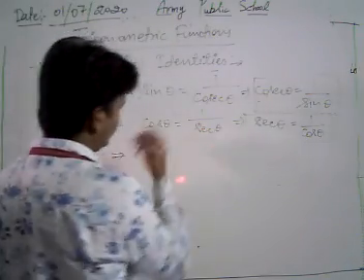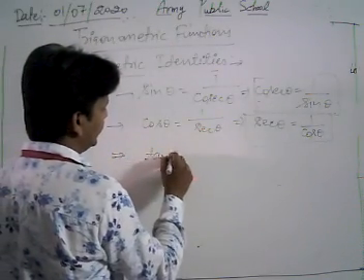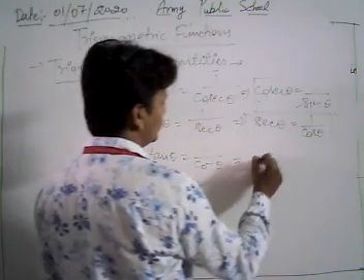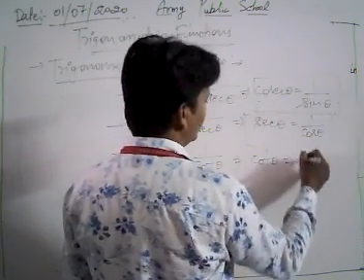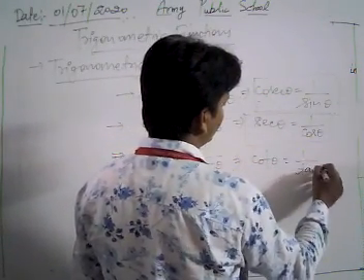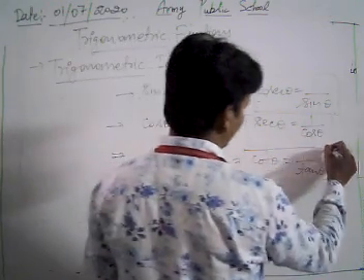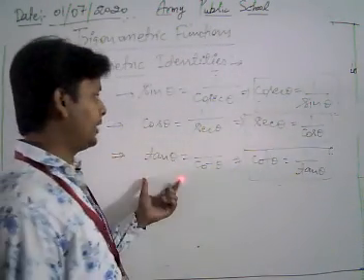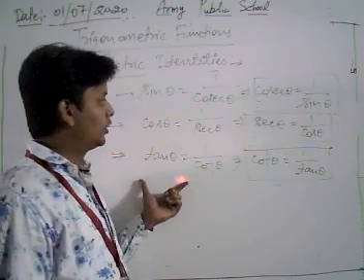Now we have tan theta is equal to 1 upon cot theta, that is cot theta is equal to 1 upon tan theta.